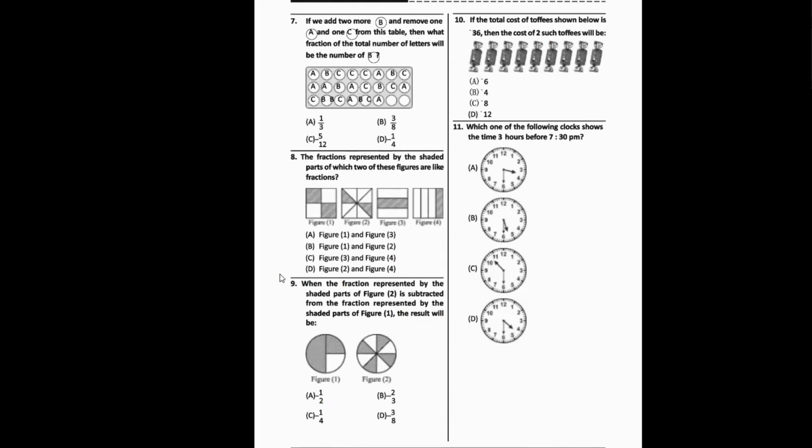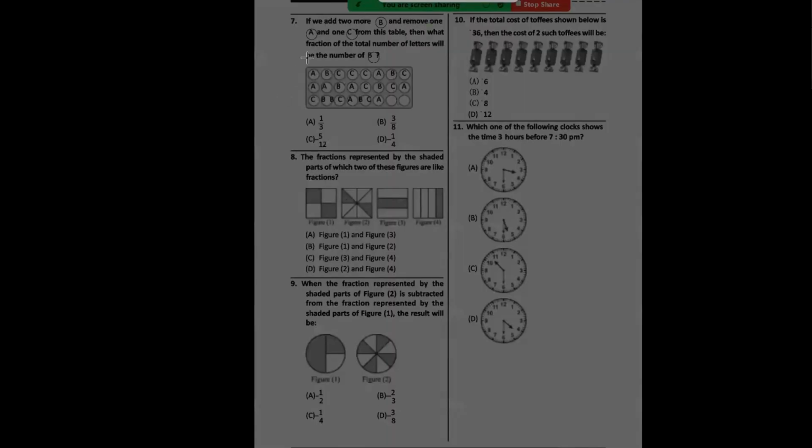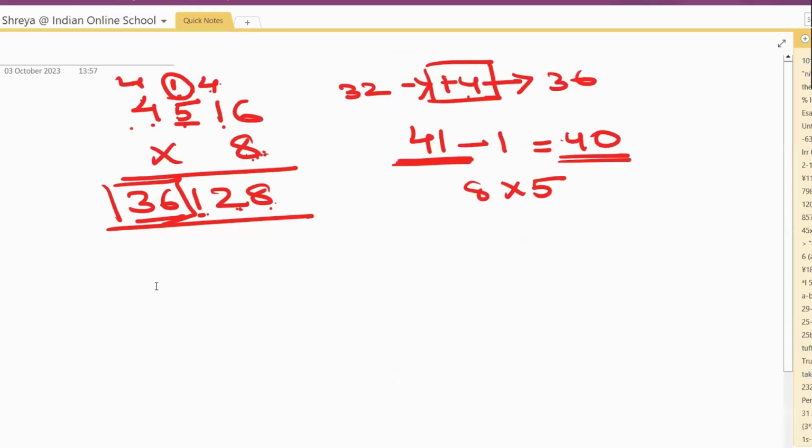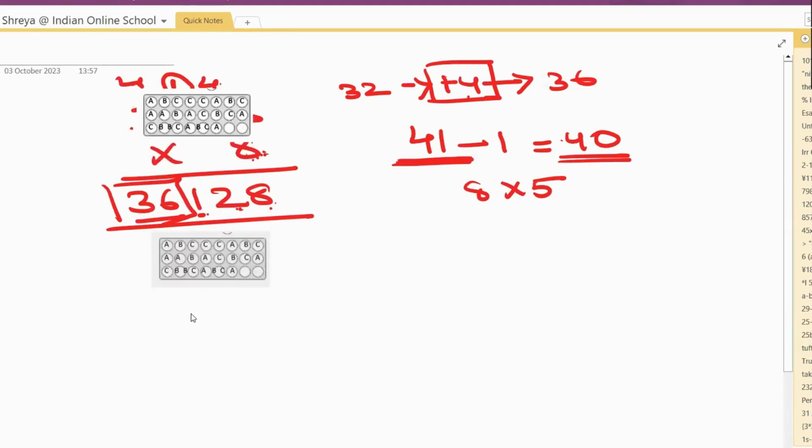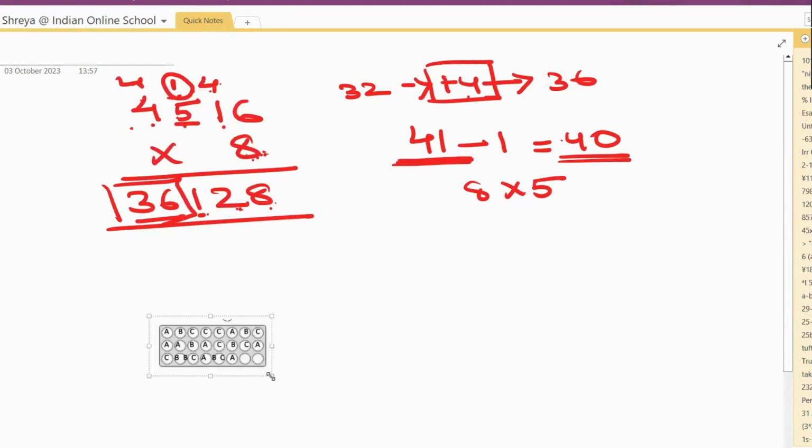Moving on, add 2 more B's and remove 1 A and 1 C from this table. Then what fraction of the total number of letters will be B? That means in place of 1 A and 1 C, you have to write B, so 2 B's are added. Let's copy paste this figure and enlarge it.